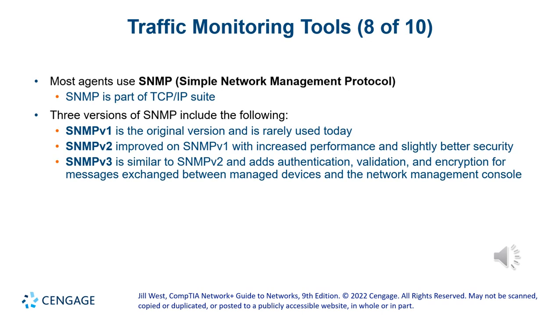SNMP v3 takes it to a higher level with a different type of authentication, validation, and encryption. So now all your messages are not sent out in the clear, because SNMP v2 is in the clear. SNMP v3 will encrypt your data, and you can select what kind of encryption you want to use. The MIB is still the same because the values are still in the same location.